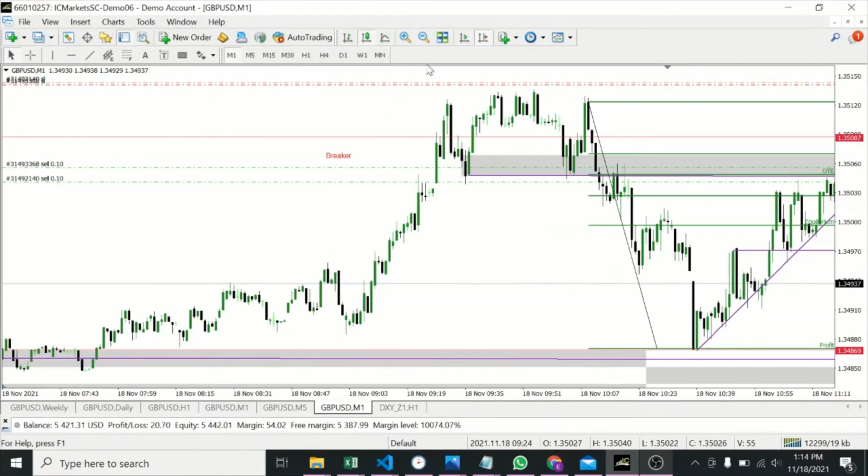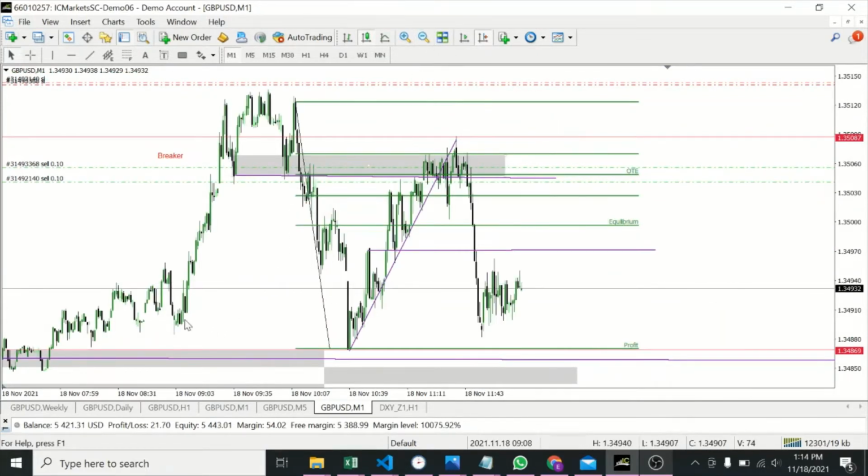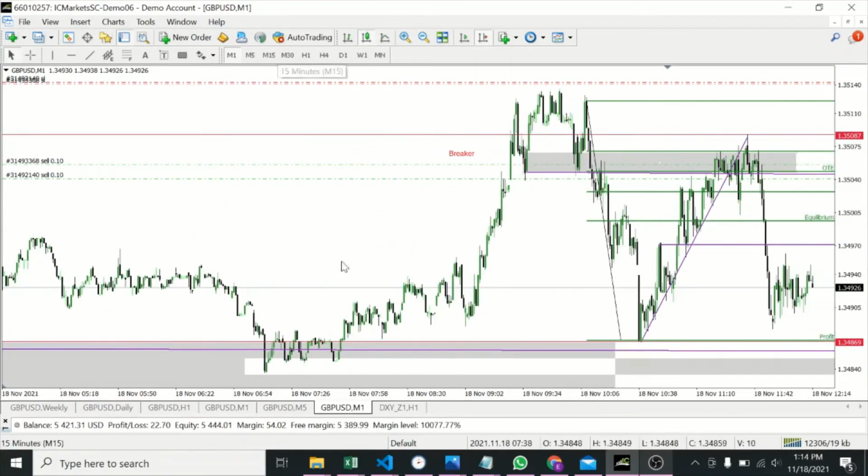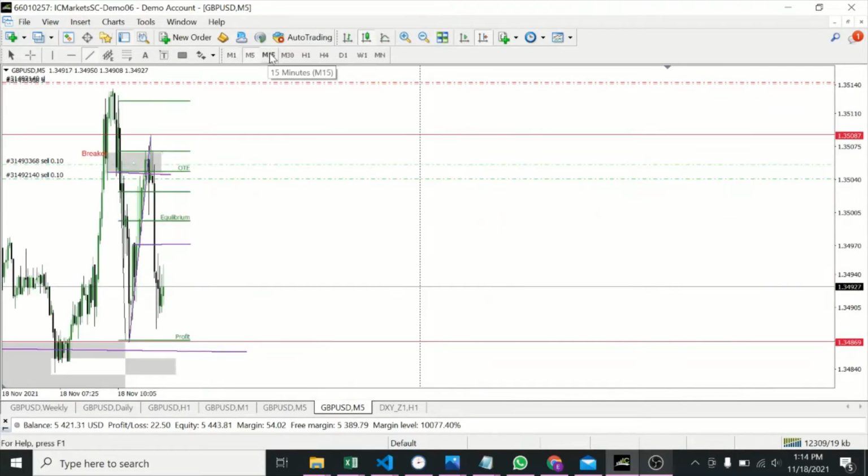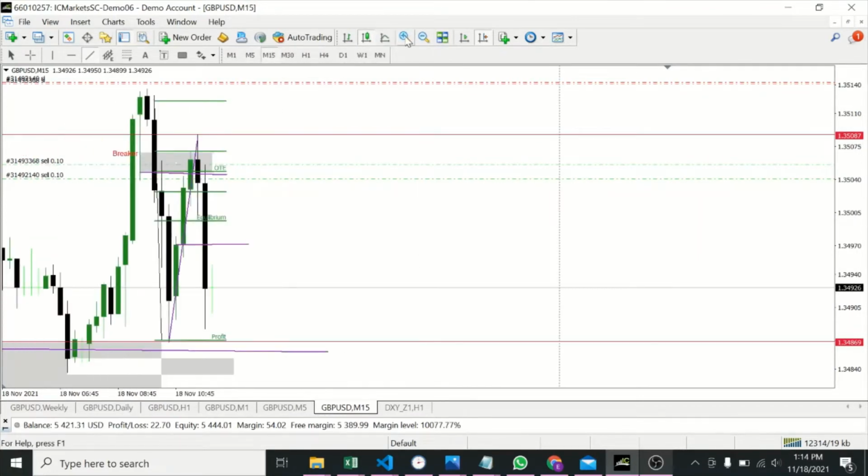Na sasa baadaye ikakuja ikateremka hapa chini, lakini pia kumbuka hapa chini kulikuwa na breaker. So ukiangalia kwa 15 minutes, ukiangalia vizuri kulikuwa na breaker hapa.